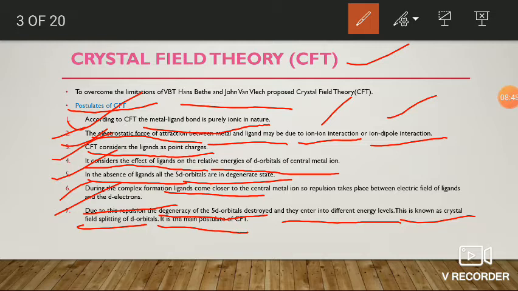When the ligands approach closer to the central metal ion, there is repulsion between the electric field produced by the ligands and the electrons of the central metal ion. Due to this repulsion, the degeneracy of the 5 d orbitals is destroyed, and the d orbitals enter into different energy levels. This is known as splitting of d orbitals, or crystal field splitting of d orbitals, in the presence of ligands. Okay, fine.